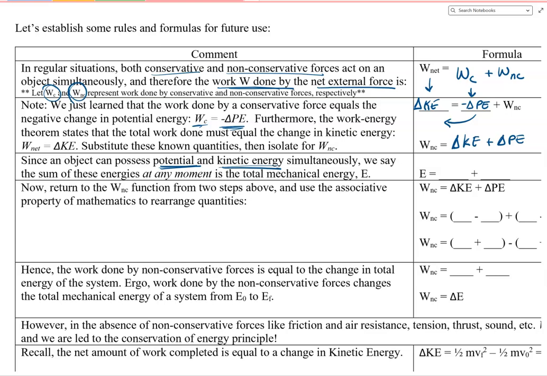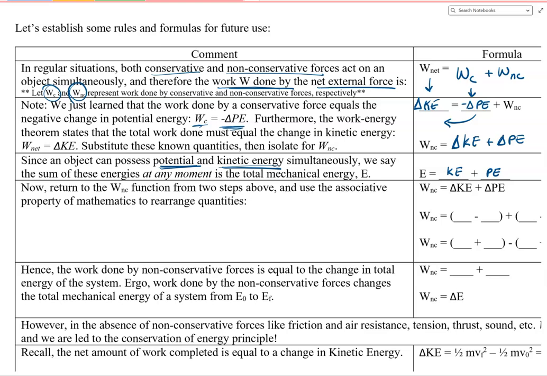So since an object can have both of those simultaneously, then we simply say that the sum of those energies at any given moment is the total mechanical energy. So in general, E, which is going to represent our mechanical energy in this class, is literally just the sum of any kinetic energy and potential energy that an object possesses at a given point. That will be helpful to note when we get to the bottom of this discussion.